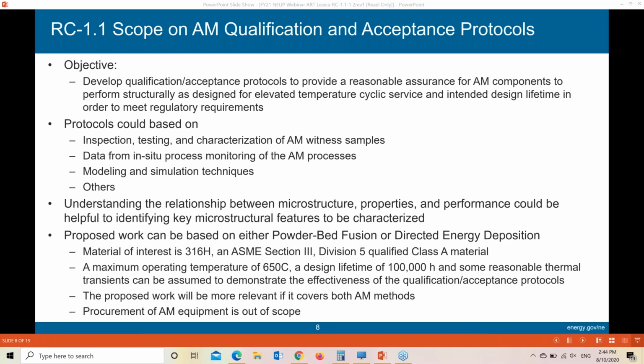What properties are your target for the qualification? This doesn't have a specific work scope. For 1.1 for AM, what properties do we target? Currently for wrought metals, we only do room temperature tensile to accept a heat of material.